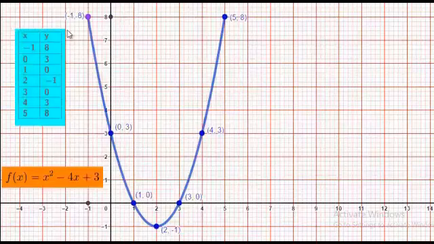This is the table helping us to know the values of x and y to be used to draw our graph.